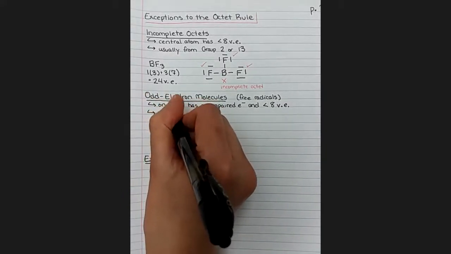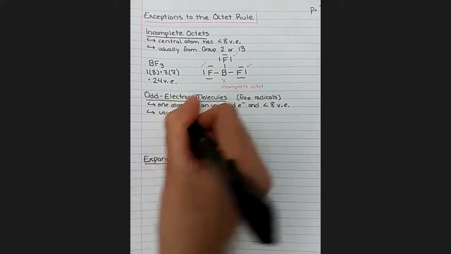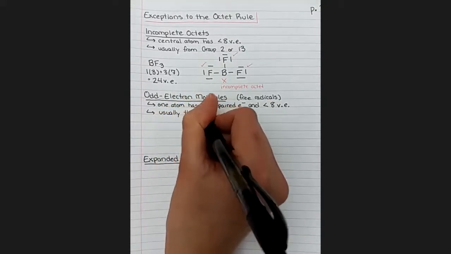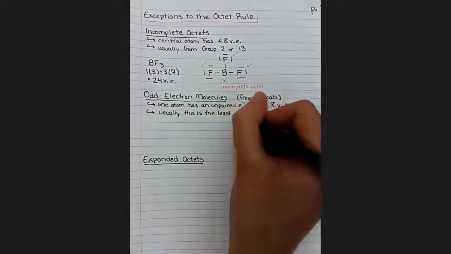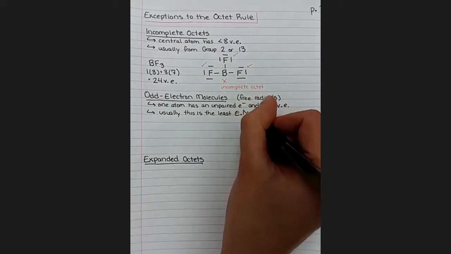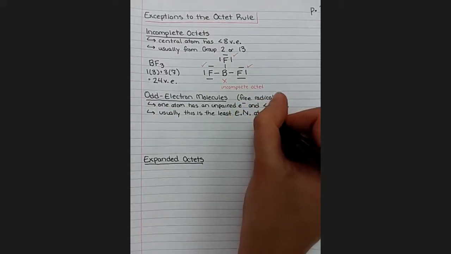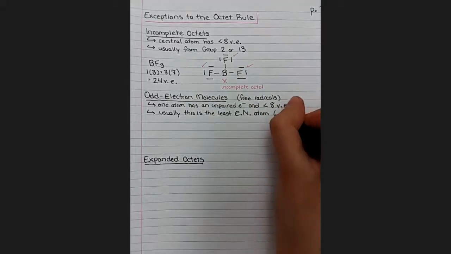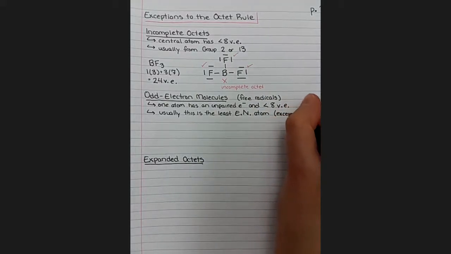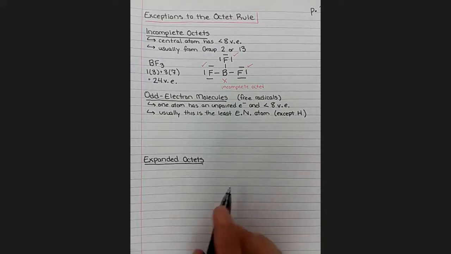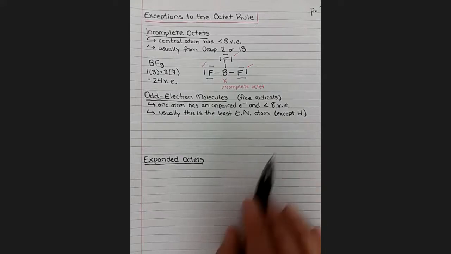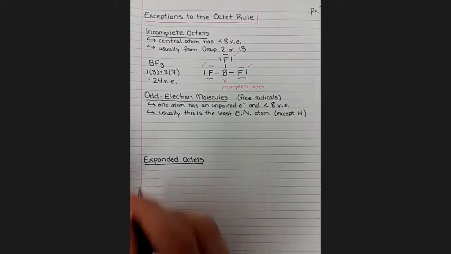Usually this is the least electronegative atom. That's the one that ends up with the incomplete octet, except hydrogen. Because hydrogen only has 1 electron and it only needs to have 2, so you really can't take any more electrons away from that. It's like taking candy from a baby.